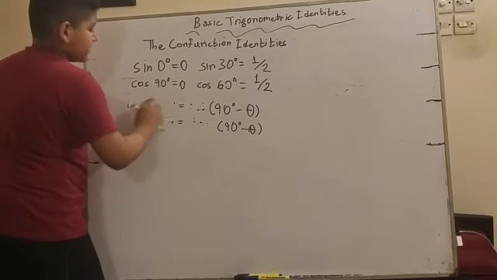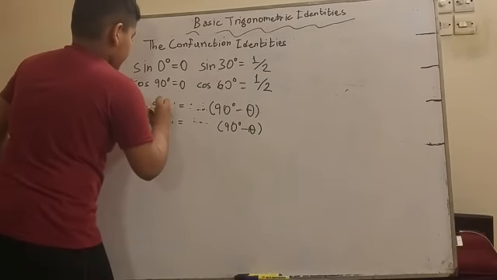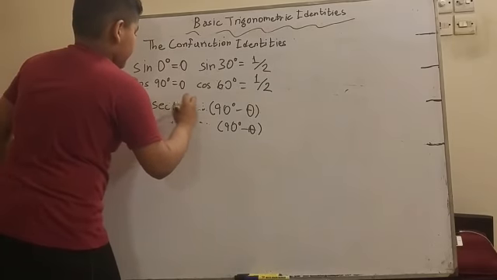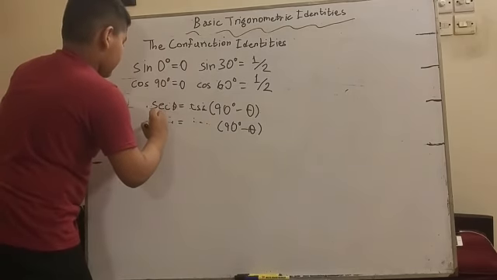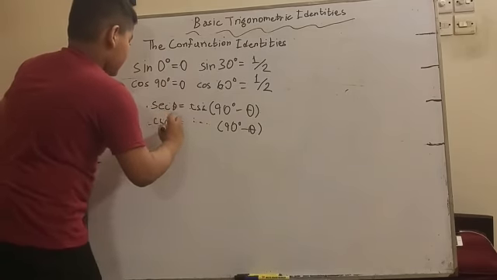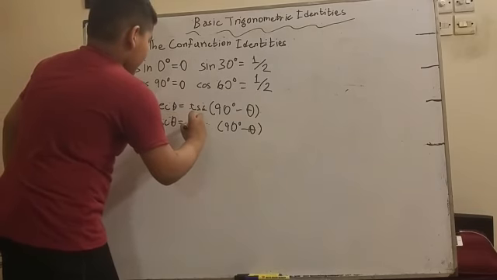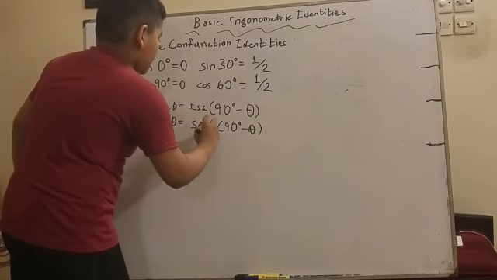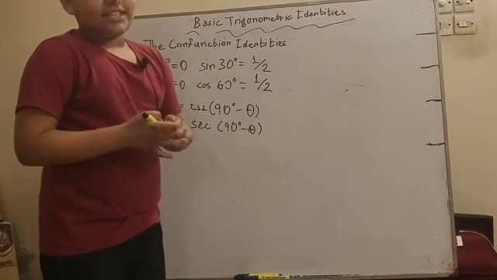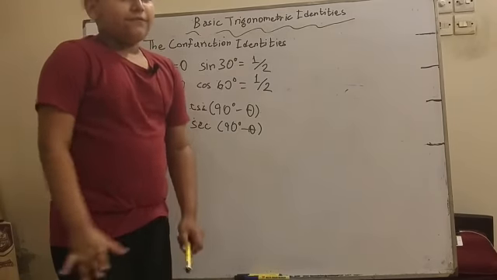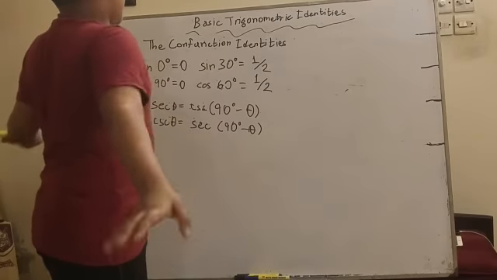Secant of theta equals the cosecant of 90 degrees minus theta, and so on. So after all that exhaustion and dizziness, we finally have done it.